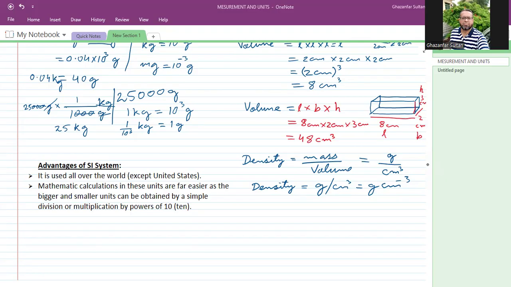In mathematics, calculations using the International System are easier because it is based on powers of 10, so we can convert smaller units into bigger units very easily. I have given one example here, and we will see more in our calculations and examples, inshallah. Okay, in the next video, we will see certain calculations.